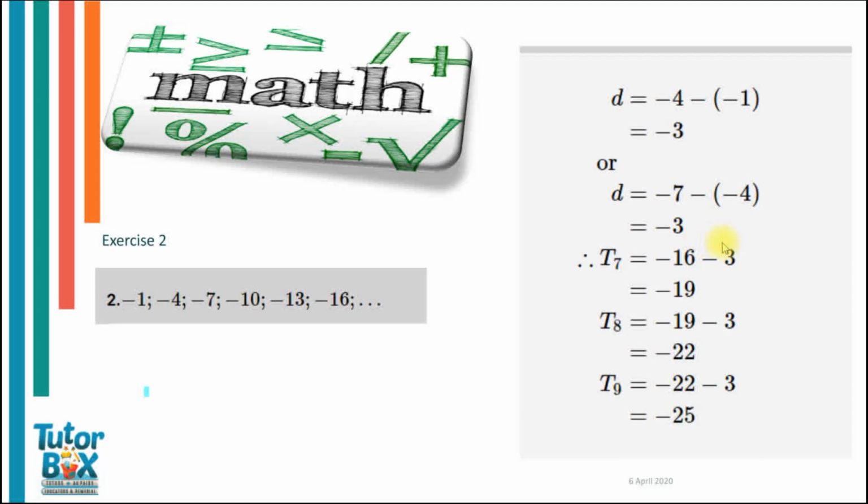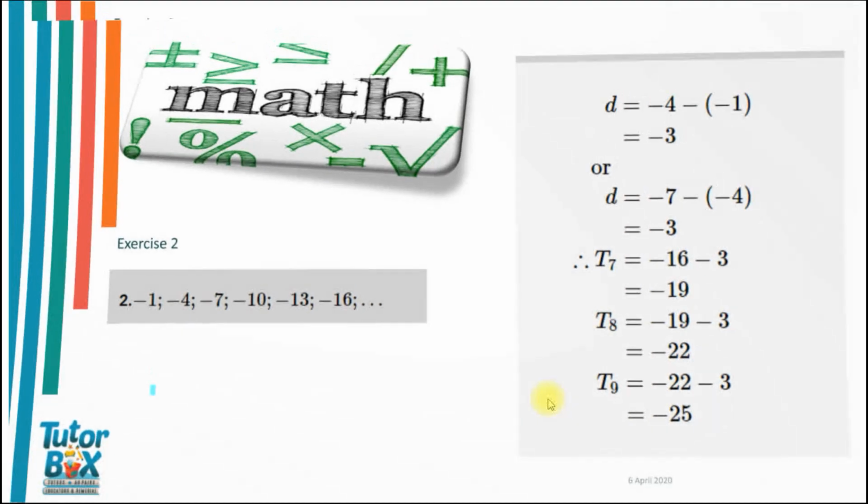Remember, here we have a plus and a minus, and that becomes a -3. So -16 minus 3, we get -19. We do the same thing for the 8th term: -19 minus 3, we get -22. The 9th term: -22 minus 3, we get -25.